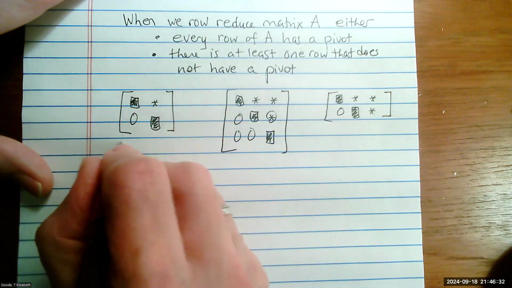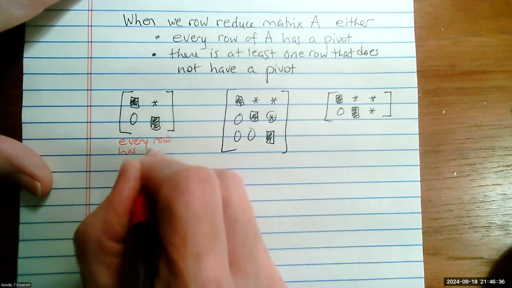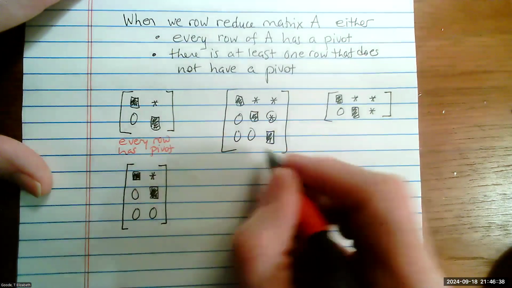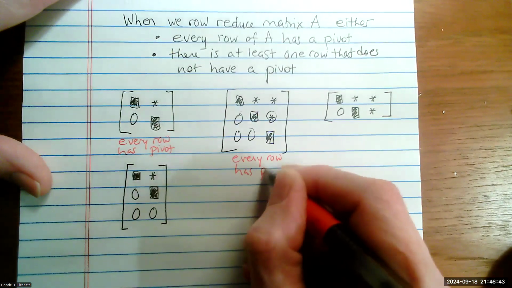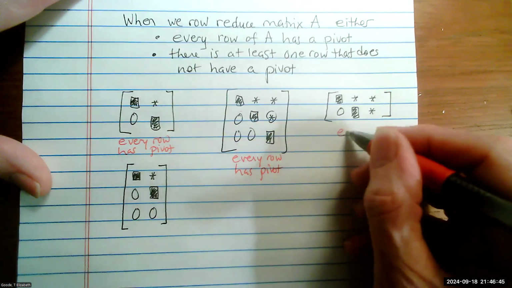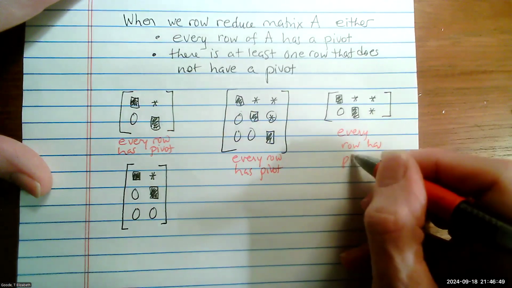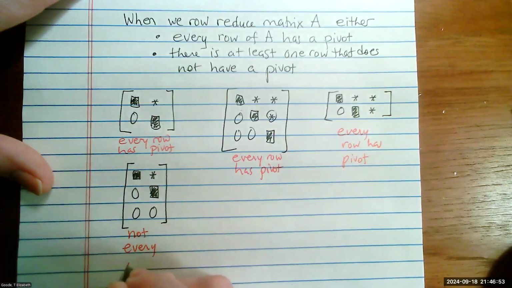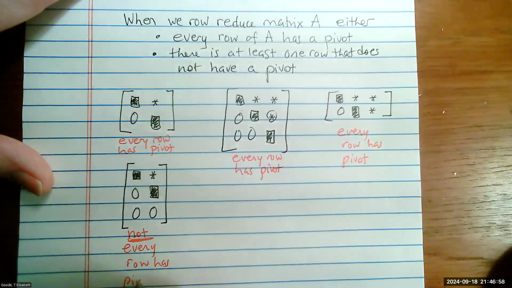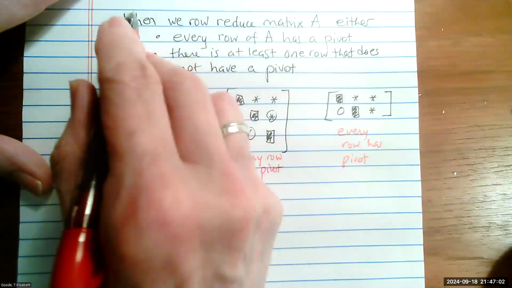So here, every row has a pivot. Here, every row has a pivot. Here, every row has a pivot. Here, not every row has a pivot. So, two things can happen.